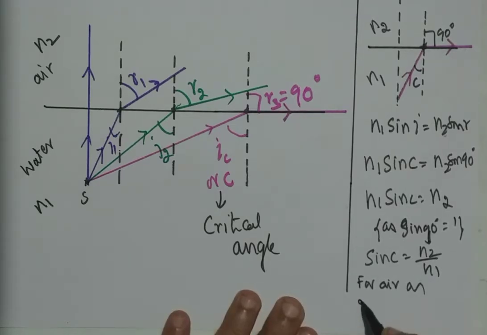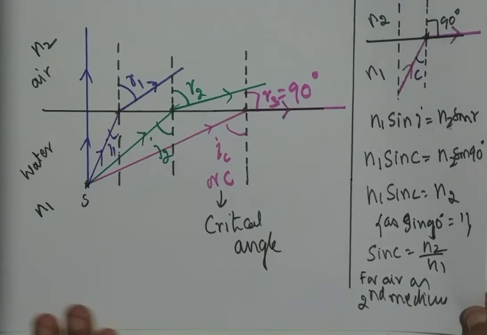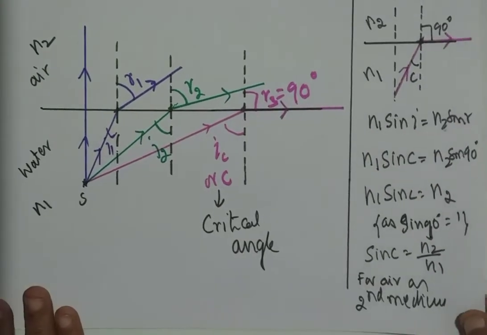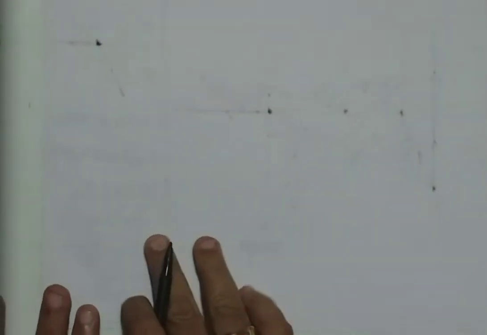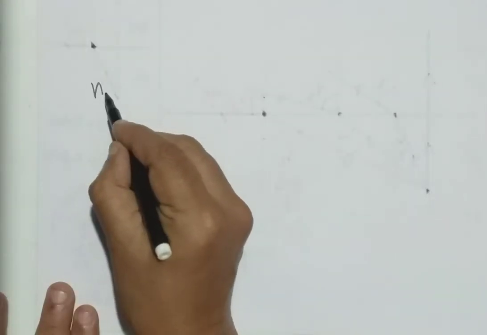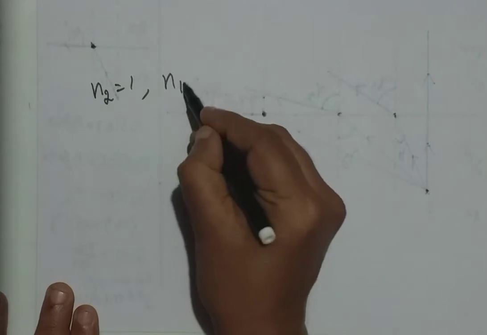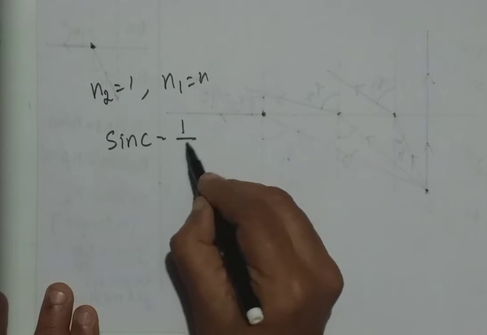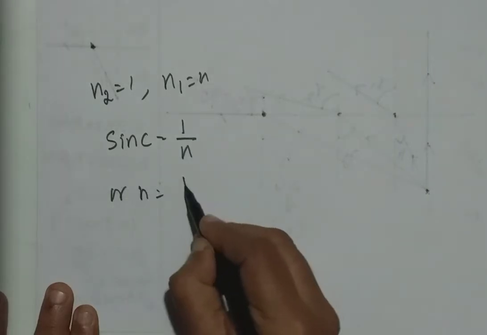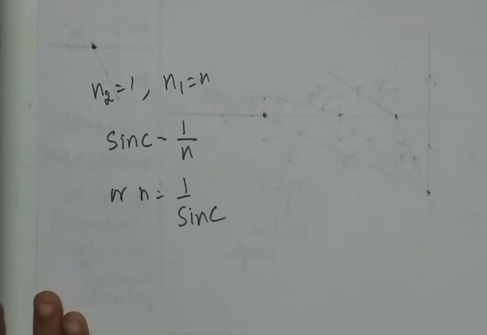For air as second medium, N2 will be 1 and I call N1 as N, then sin C equals 1 by N or N equals 1 by sin C. From the point of view of examination, it's an important derivation. You may be asked to prove N equals 1 by sin C.